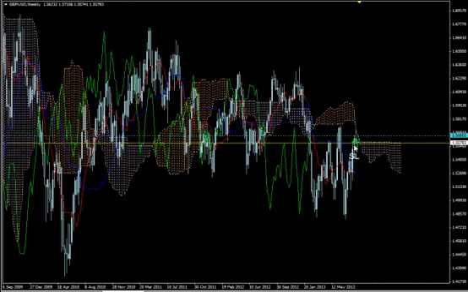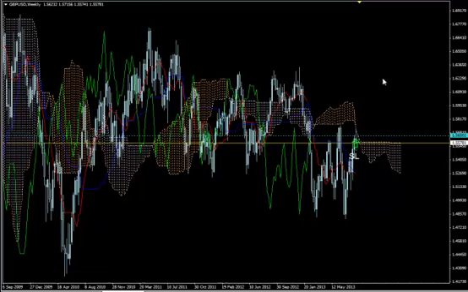We see that there is a very thin resistance line here from Kumo for the price to break through and make a successful bullish Kumo breakout on the weekly chart. And price is like the water. It goes everywhere where the least resistance is.